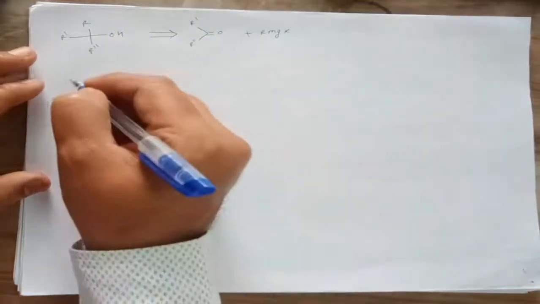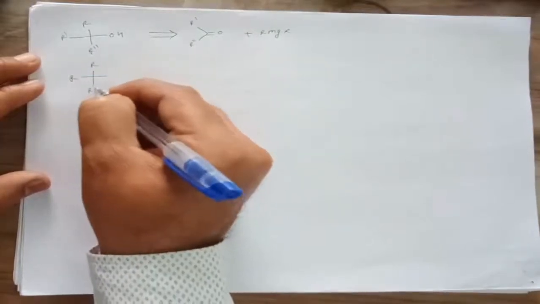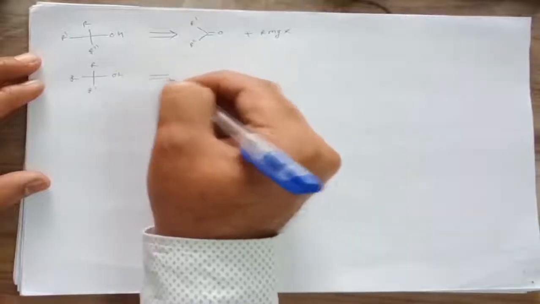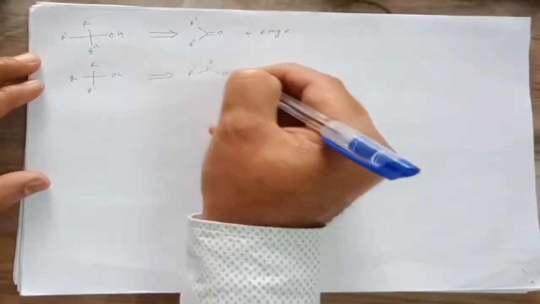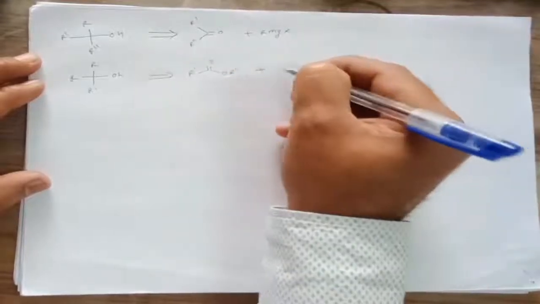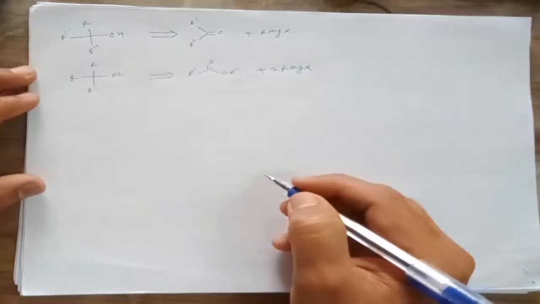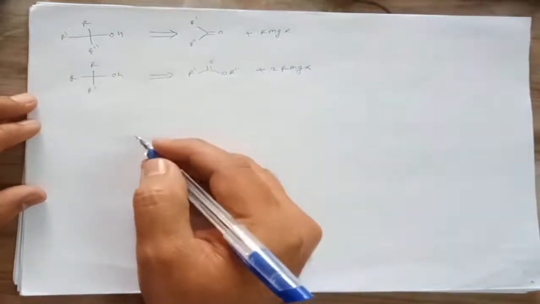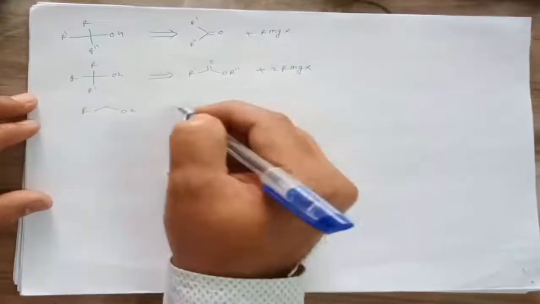Then if there is a symmetrical alcohol, that is R dash and OH, what do we take here? We can take R dash and an ester, R double prime, and then two molecules of RMgX. Suppose there is a primary alcohol, RCH2OH.